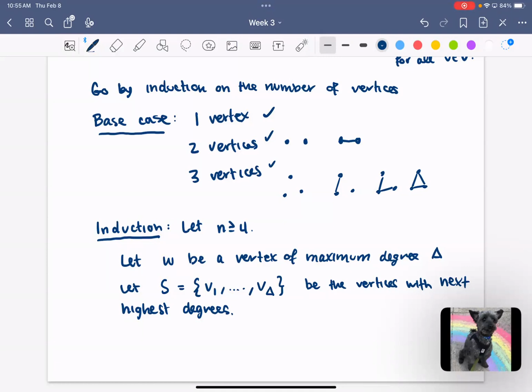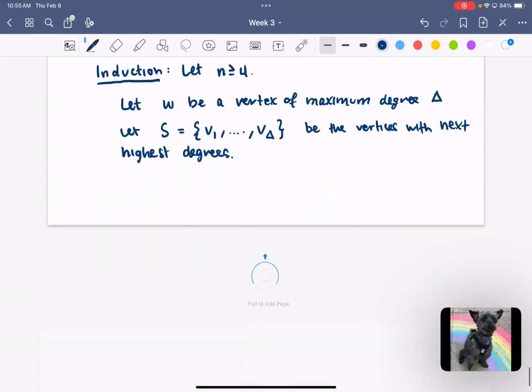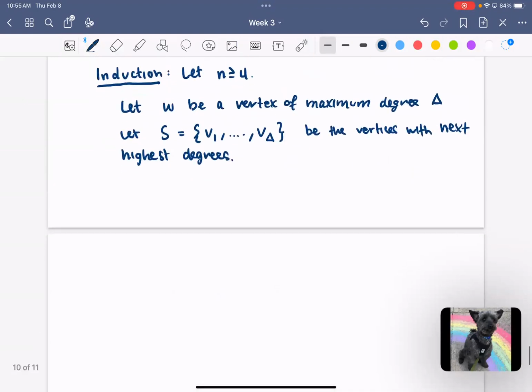Okay, so I'm going to make the following claim, and then we'll prove the claim. The claim is that there is a sequence of 2 switches accomplishing the following thing.